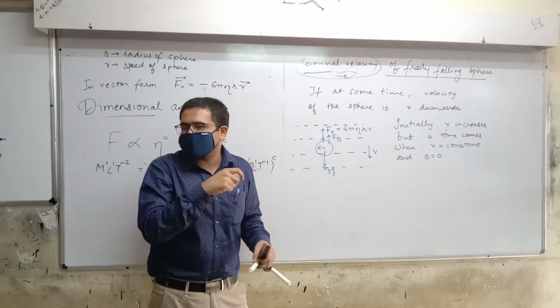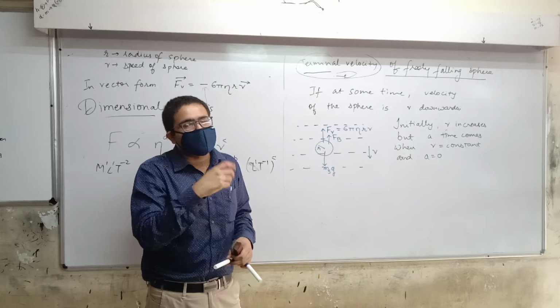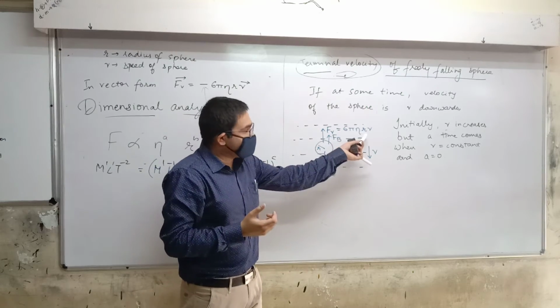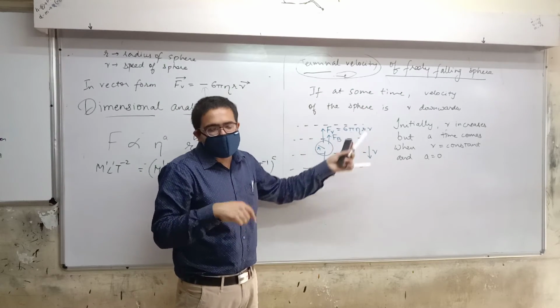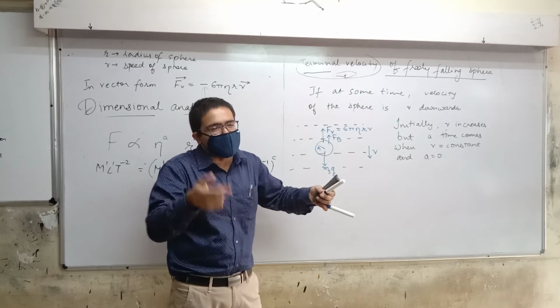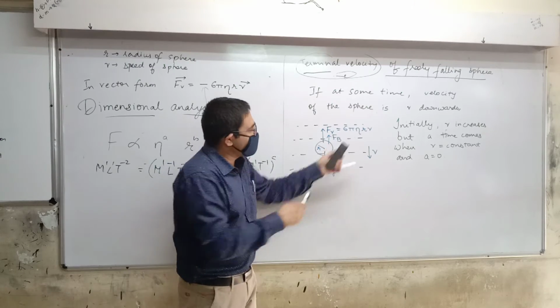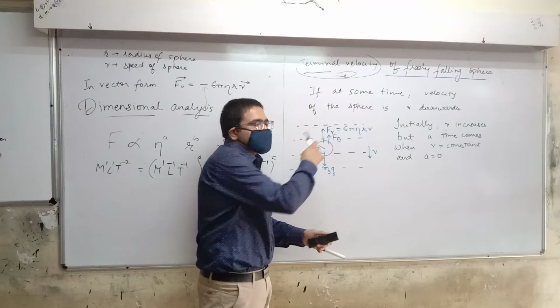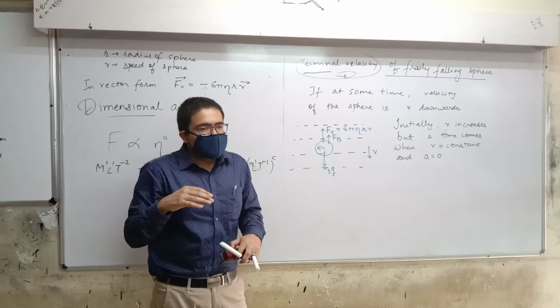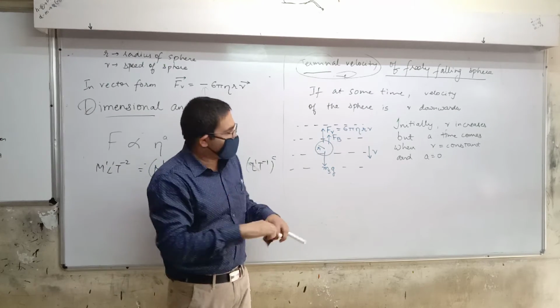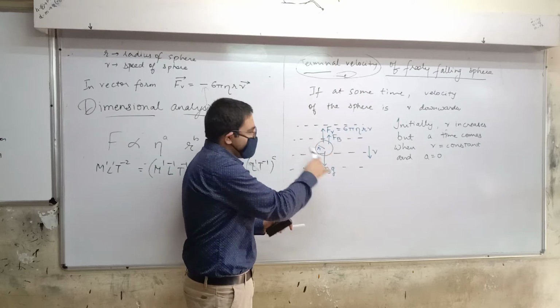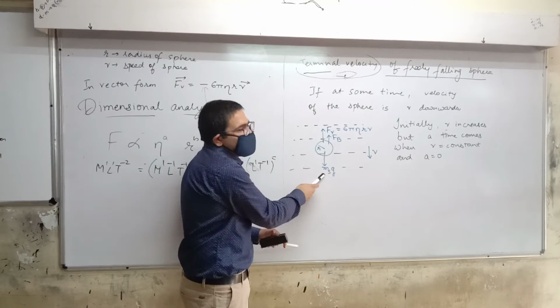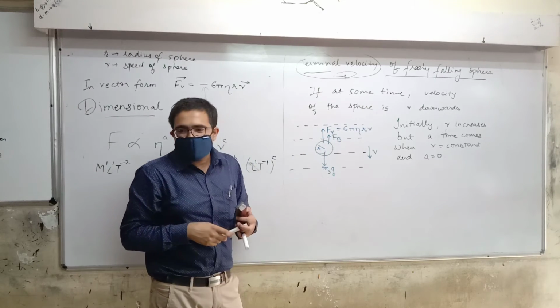But as it starts to pull down, what will increase? This v will increase. So do you realize that this v itself becomes the cause that as v increases, the opposite force will also increase. So a time will come when this opposite force, these two together, will exactly cancel mg.